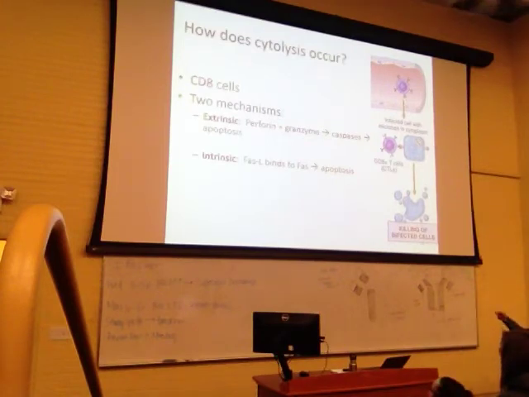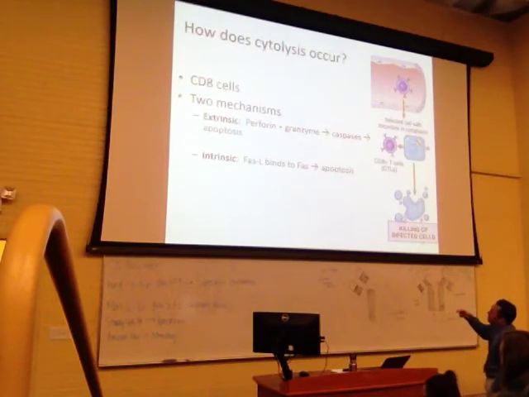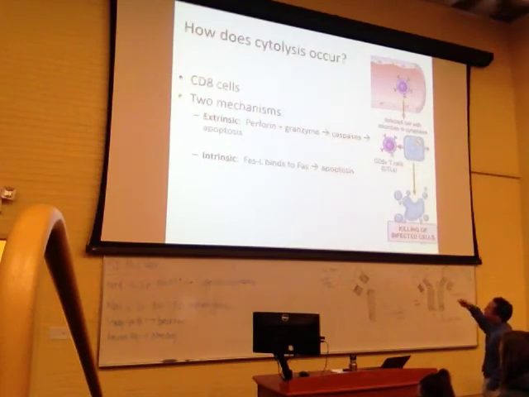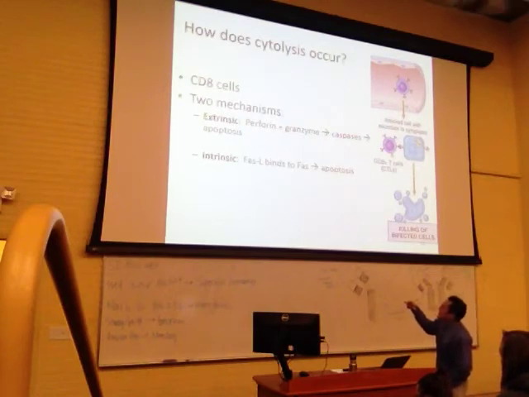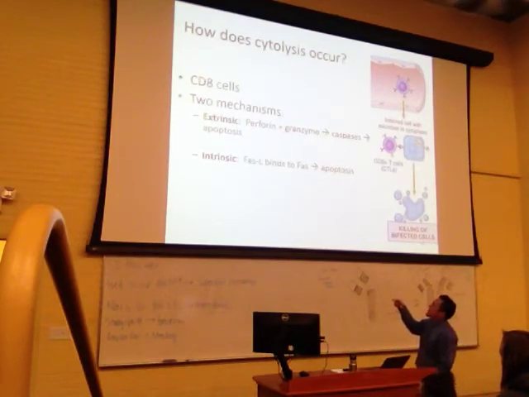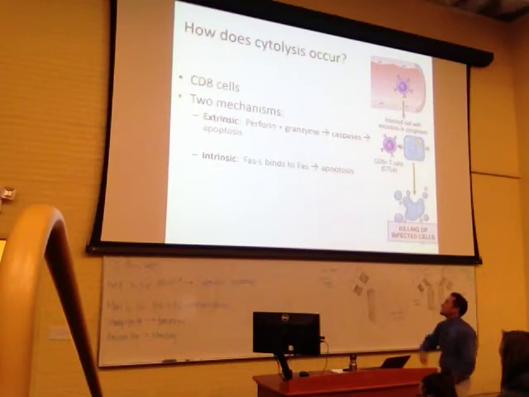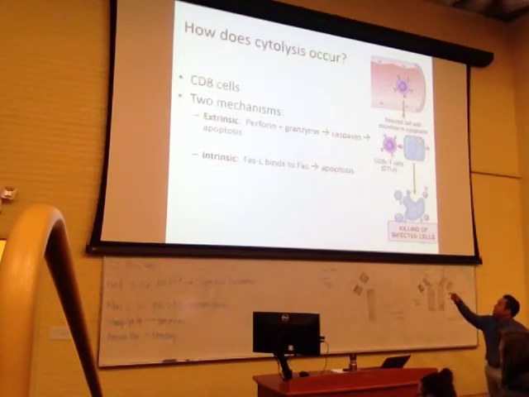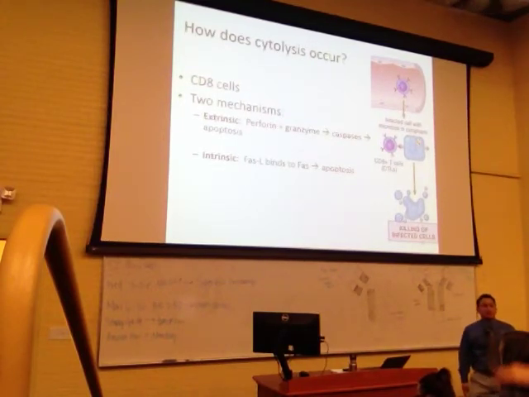Now, the details are less important. The extrinsic pathway binds to a perforin plus a granzyme, which is a receptor, and that triggers intracellular caspases to cause apoptosis. The intrinsic pathway utilizes a receptor on the inside after activation, called Fas ligand binding to FAS, and that triggers an alternative pathway of apoptosis.